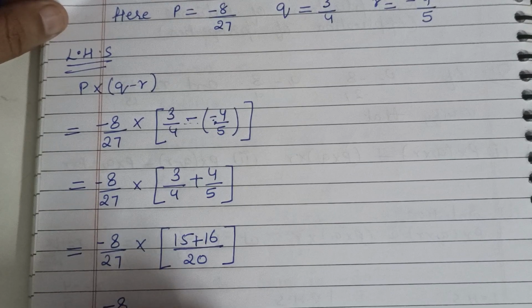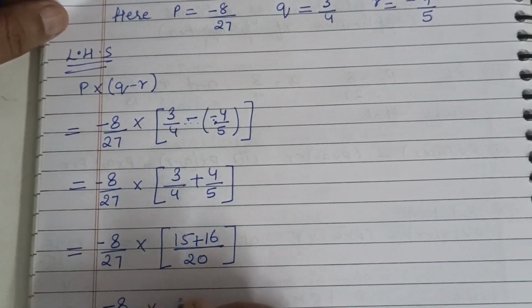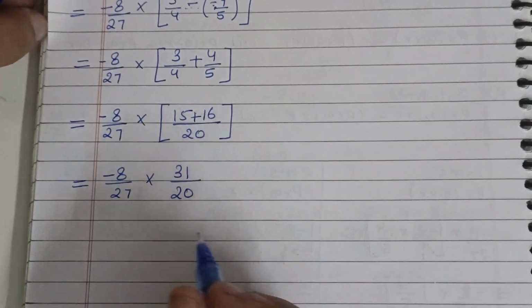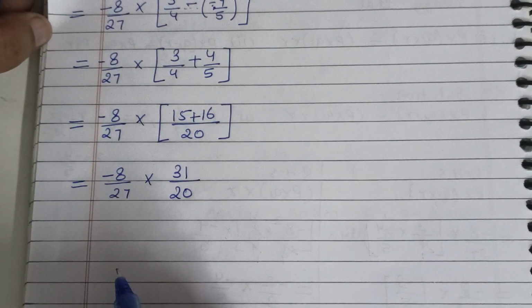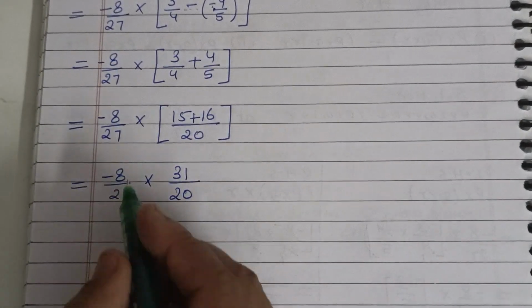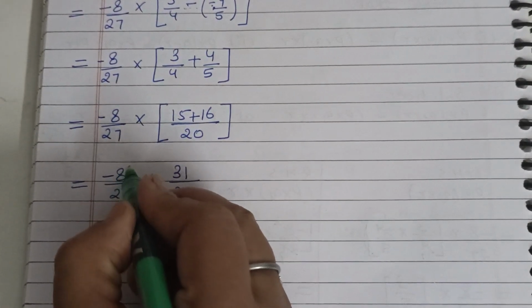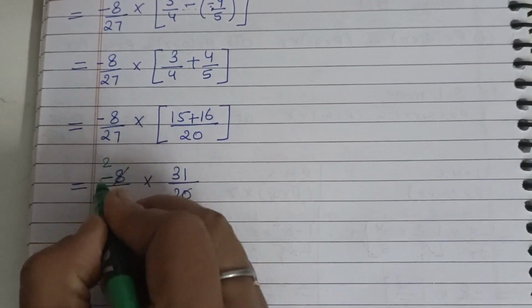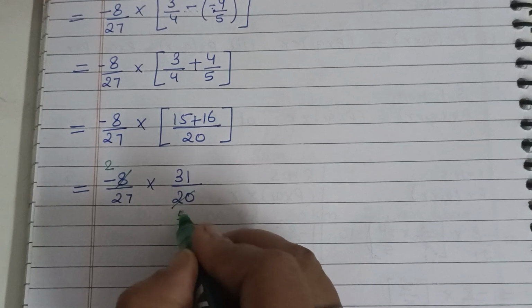So inside the bracket it will come 31 upon 20. Open the bracket and do the required cutting. 8 and 20 both have HCF 4. So cut by HCF 4. It will come 2 here and 5 here.